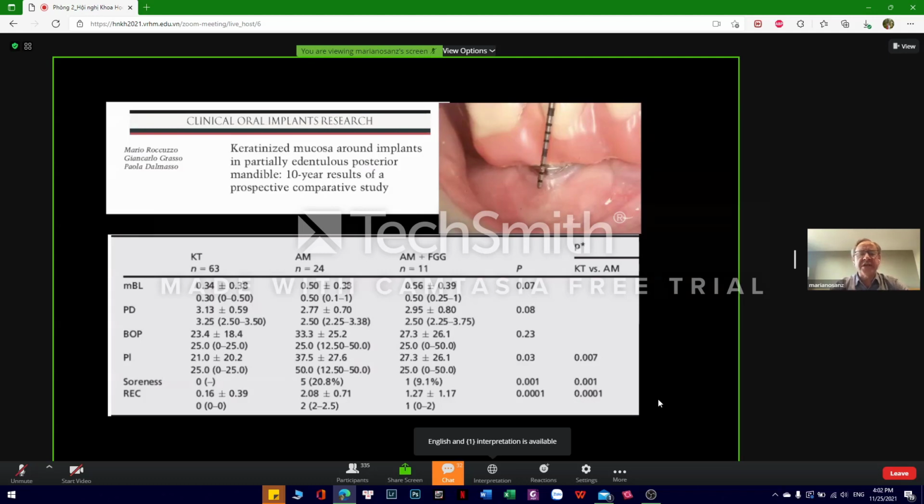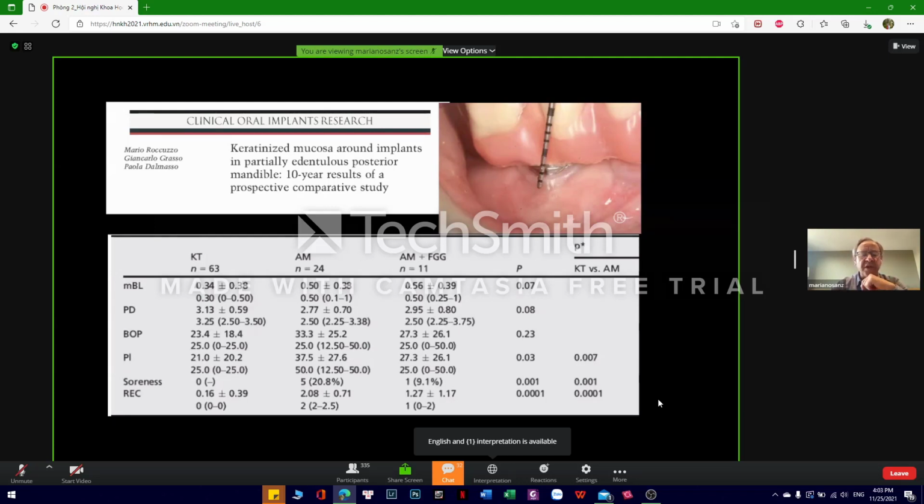This is a very important study by an Italian colleague, Mario Roccuzzo, who evaluated, retrospectively in his private practice, prospectively, during 10 years, the impact of 3 groups: the group that had keratinized tissue, the group that did not have keratinized tissue, and the group that did not have keratinized tissue but was treated with a free gingival graft. So the lack of keratinized tissue was treated by a keratinized tissue graft.